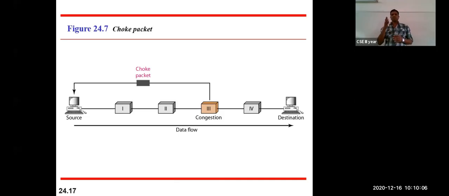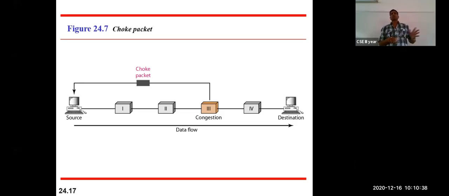If between source and destination there are 4 nodes, 1, 2, 3, and 4, and 3 is congested, and 3 sends a choke packet, it goes through 2 and 1 to the source, but 2 will not slow down and 1 will not slow down. They will not even bother about the packet, because the address in that choke packet will be the source address. It is intended for the source, so it is simply forwarded until it reaches the source.